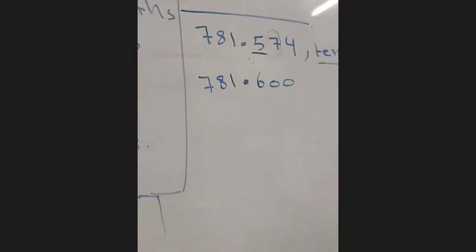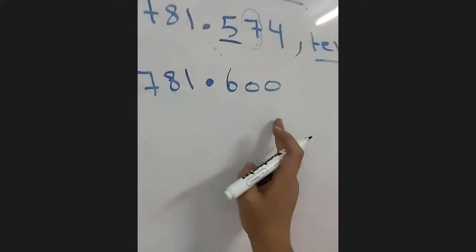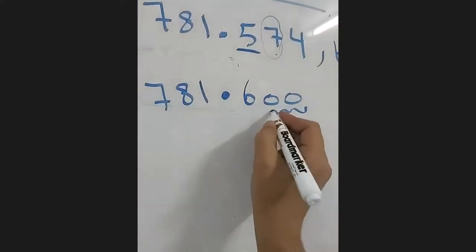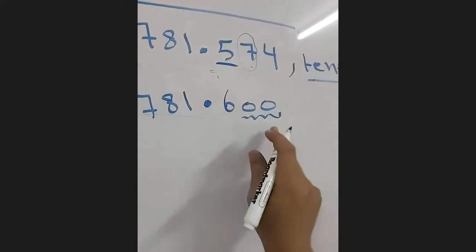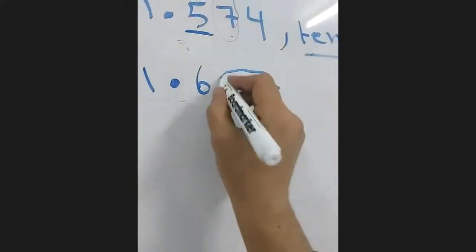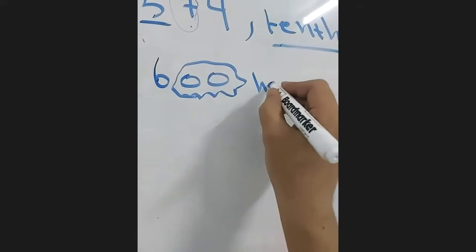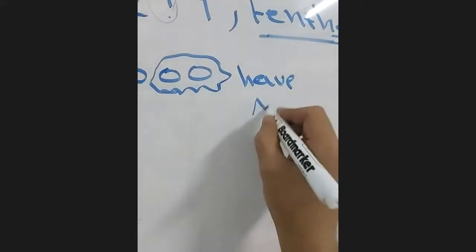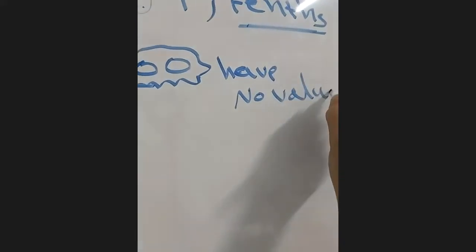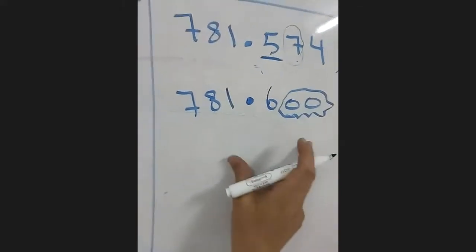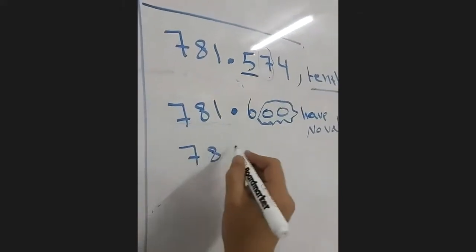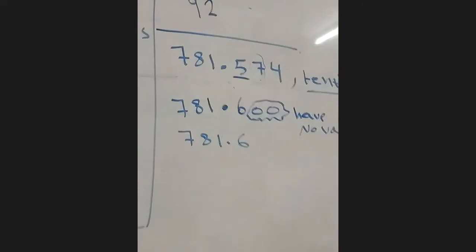These zeros here have no value, so we can erase them. So this number can be 781 decimal 6 only.